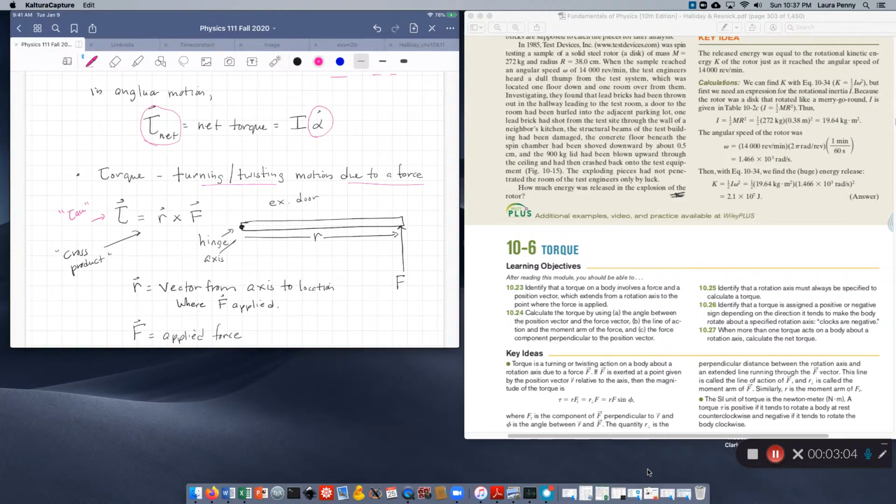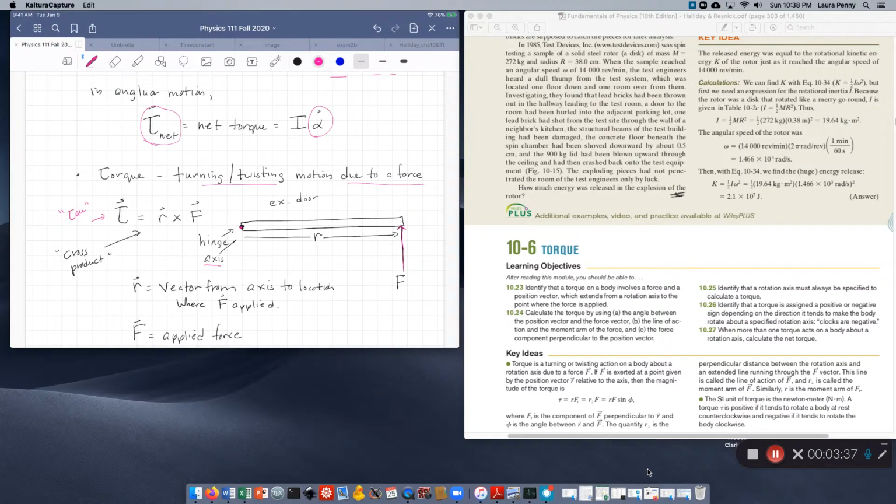In any case, it's a little more straightforward when we talk about a door. If we have a door, there's going to be a hinge, and that's really the axis. Where the axis is is very important when you talk about torque. You have to know the point that everything's going to try to spin around. Now, if I push on this door way here at the end with some force, there's actually two vectors here.